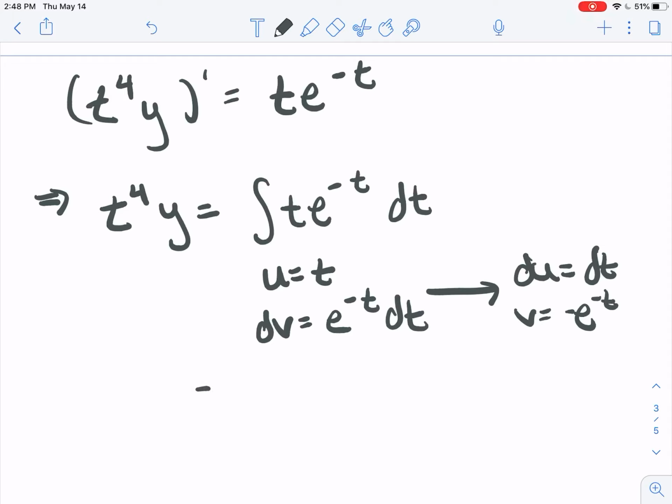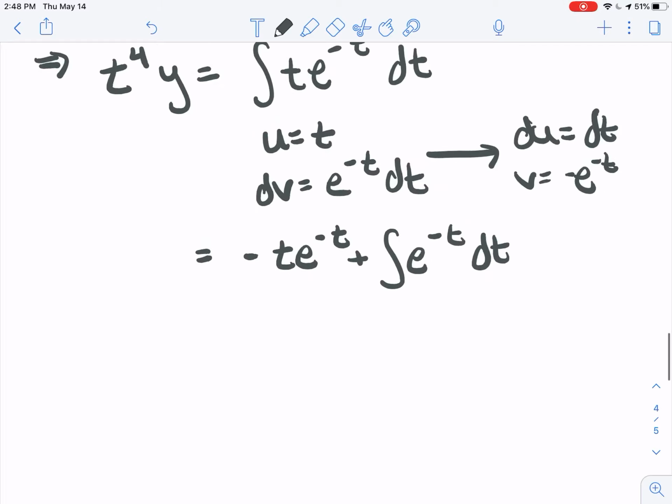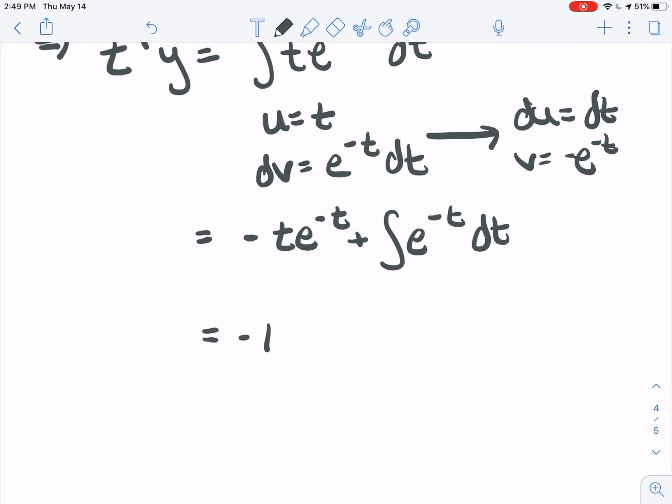So the integration by parts formula, uv minus the integral of v du, gives us minus t e to the minus t plus the integral of e to the minus t dt. That's minus t e to the minus t minus e to the minus t plus our constant of integration.